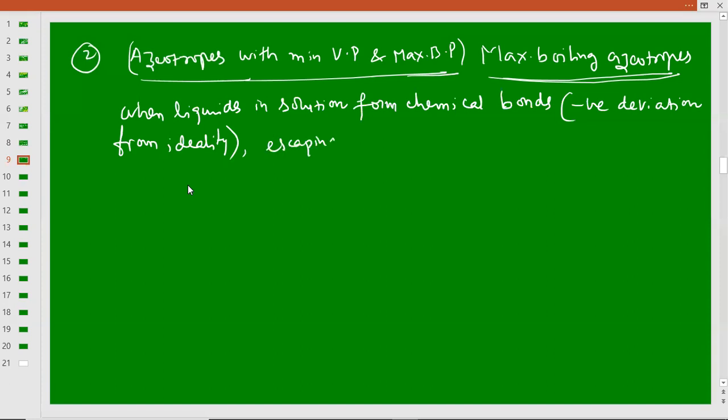Escaping tendency decreases, vapor pressure also decreases. Vapor pressure decreasing means the boiling point increases. That's the meaning of it.